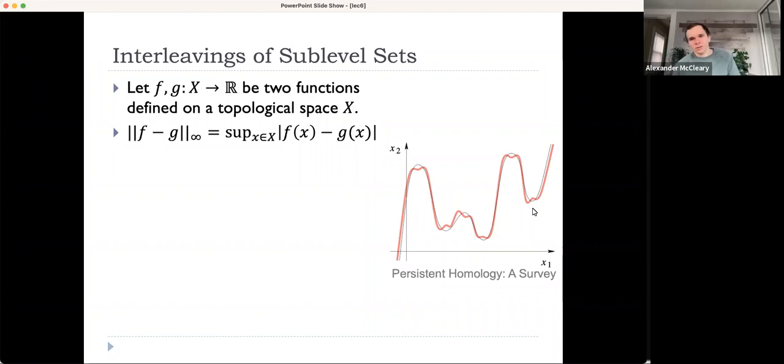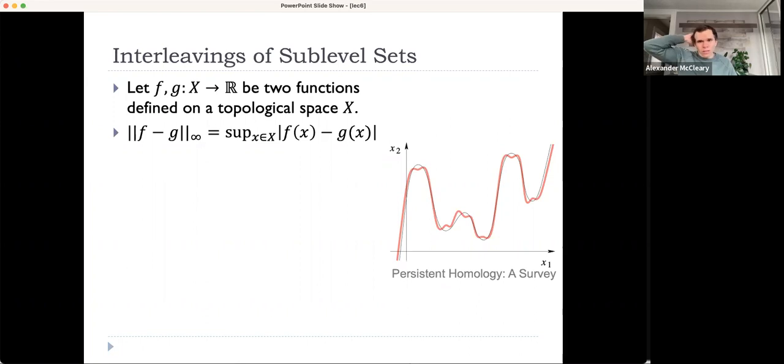Okay, so we can define something called the infinity norm between f and g here. The infinity norm is just going to be the sup over all x in our space X of the distance between f of x and g of x.